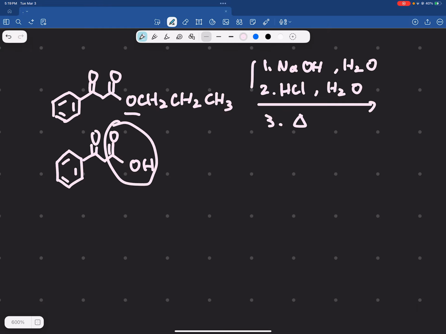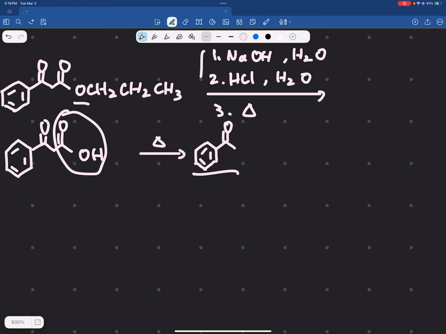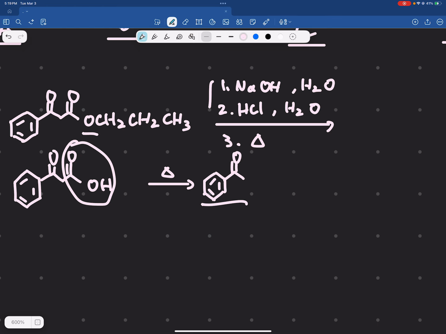And step 3 is going to just be decarboxylation of the carboxylic acid, and it's going to give us our end product, which will look like this. So this is the end product from that reaction that we just did. This reaction right here, this is the end product.